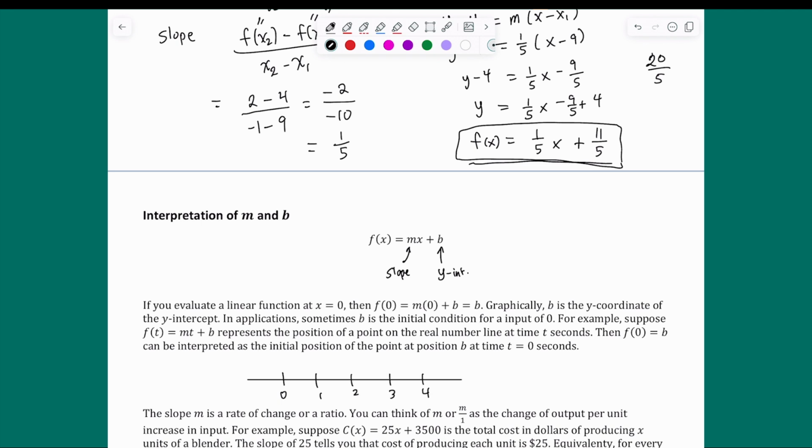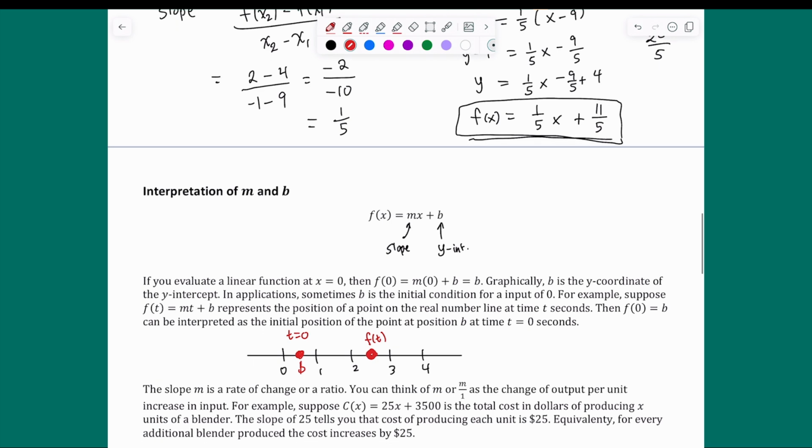The f of t function just represents wherever this point is here, with that value at time t. Okay. So then f of 0 would be where, say, suppose it was right here. If that happened at t equal to 0, then the time is 0, but its position on the real line would be b, at time t equals 0 seconds.